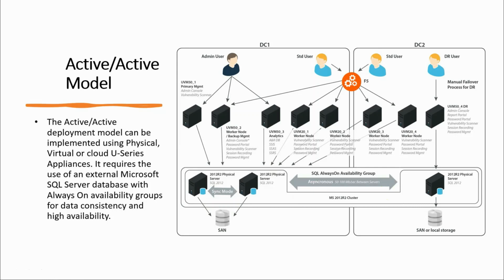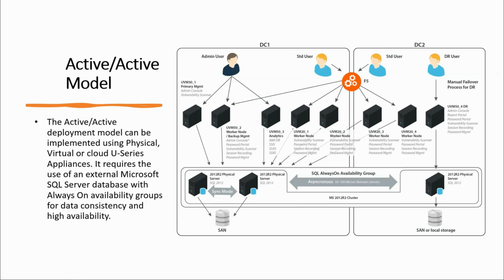Let's say there is some data on server A, and your server B is having asynchronous replication. It will not replicate that data all the time. After some interval, let's say after 1 hour or 2 hours, it will try to replicate that data.